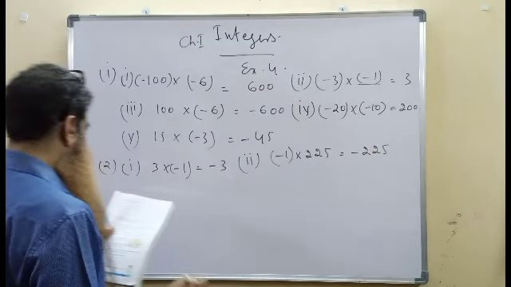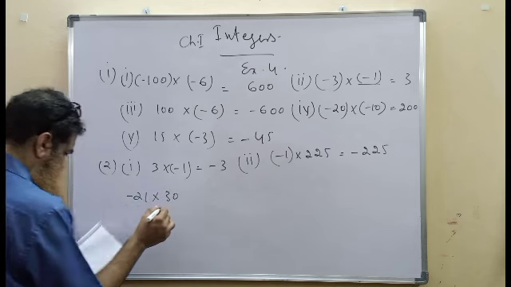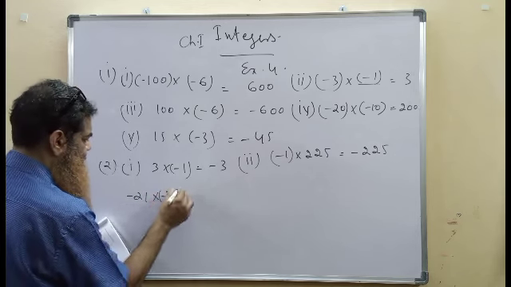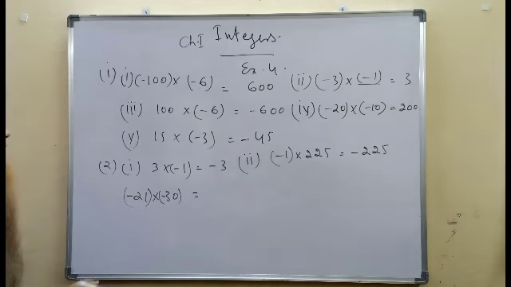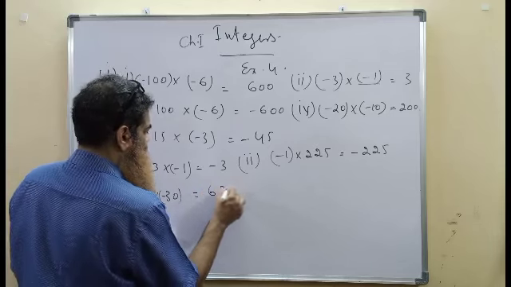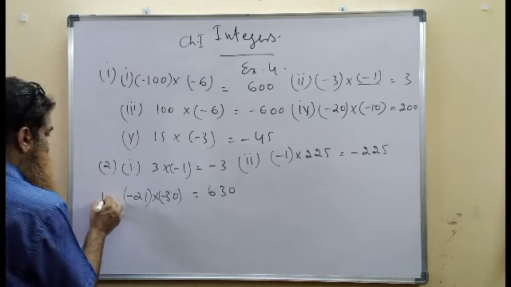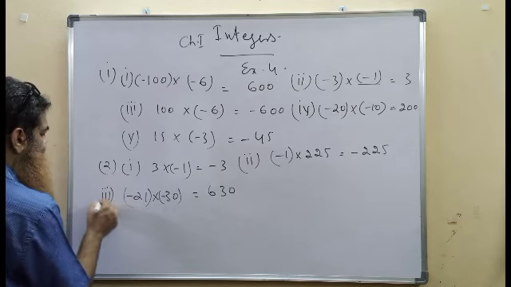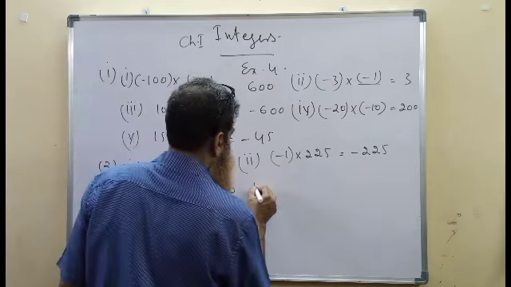The third bit, minus 21 into minus 30. 21 into 30 is 630. We have two negative integers, so the result will be a positive integer. Even number of negative integers, so the result will be a positive integer.